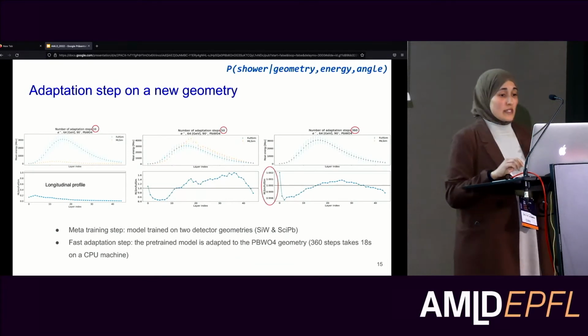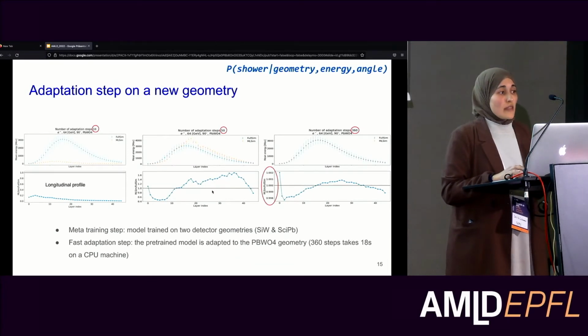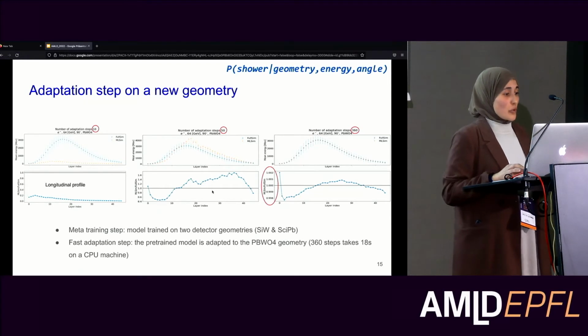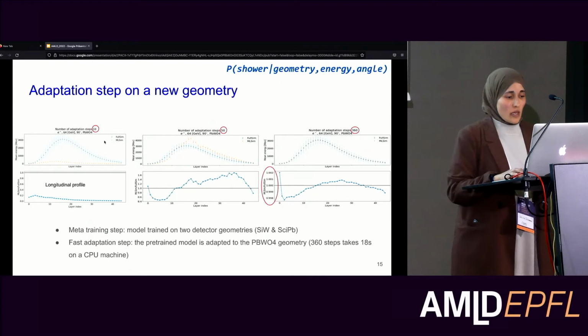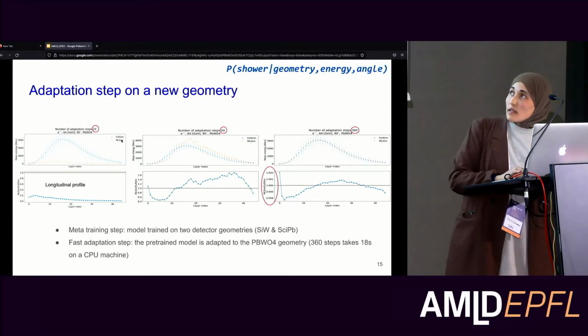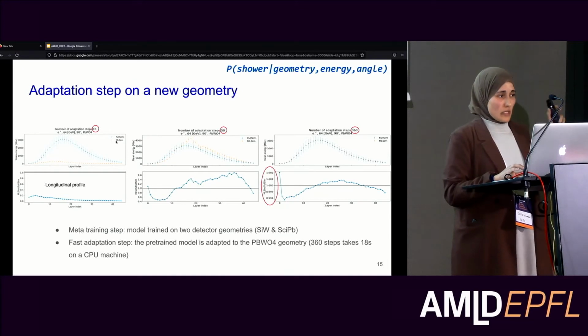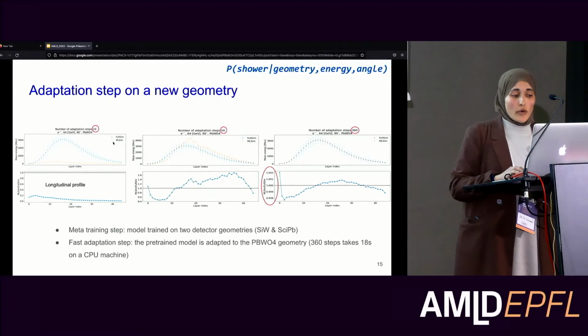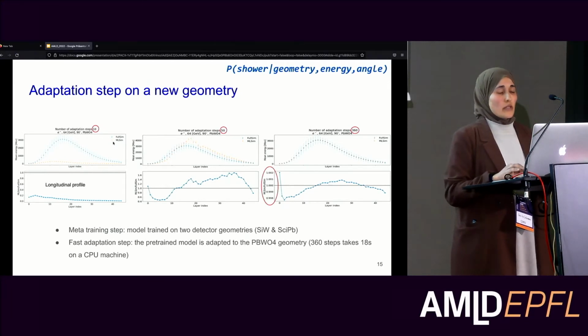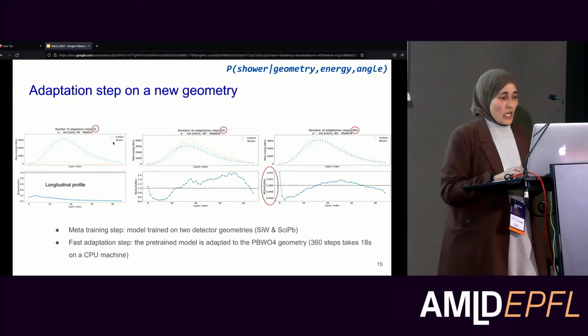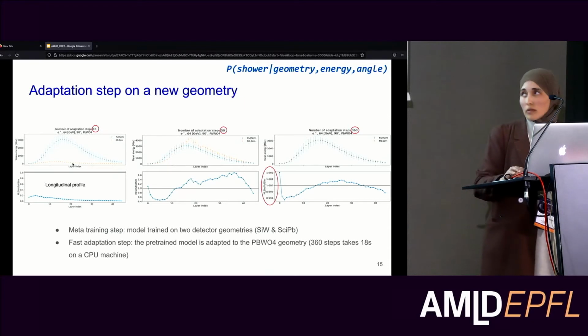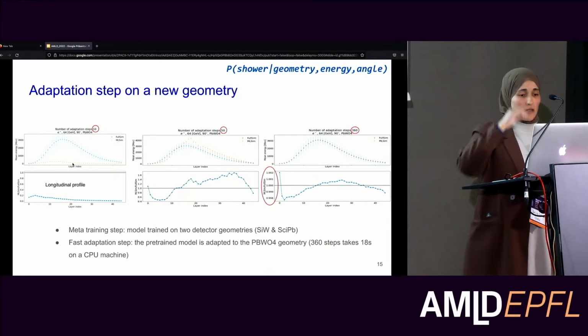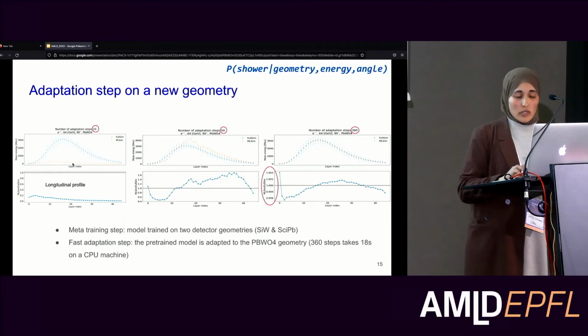Here you can see the results of the adaptation step, because this is more interesting to see after we do the meta-training. In blue, you can see the full simulation, which is our Geant4 initial data set. In orange, it's what the machine learning model has generated. Here is the longitudinal profile, through the z-axis that I mentioned earlier.